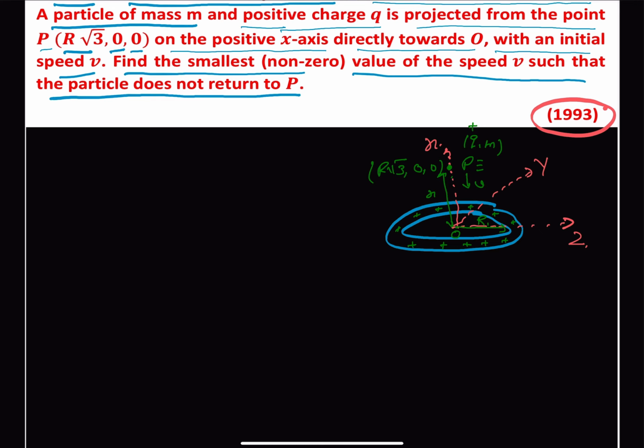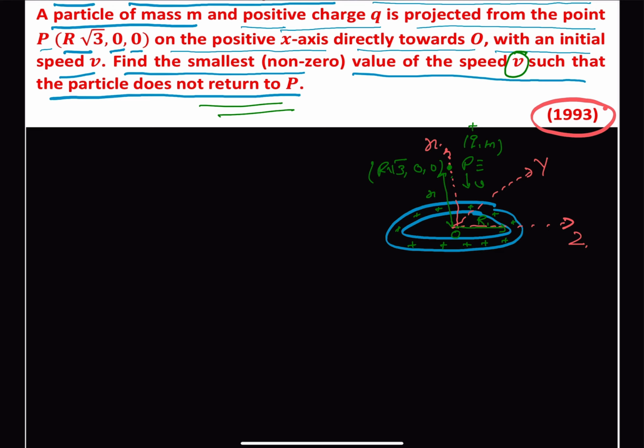So by default, there will be a force of repulsion between the charge q and the ring, and we need to find the speed v such that the particle does not return to point P. In this case, we are going to use conservation of energy, and we can use the potential at point P and the potential at the center of the ring.